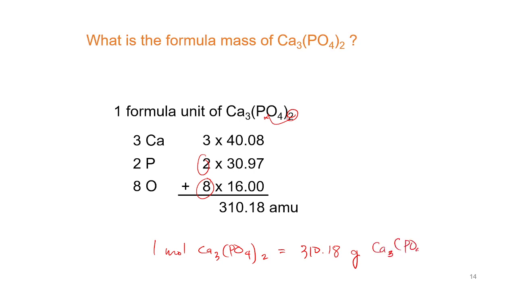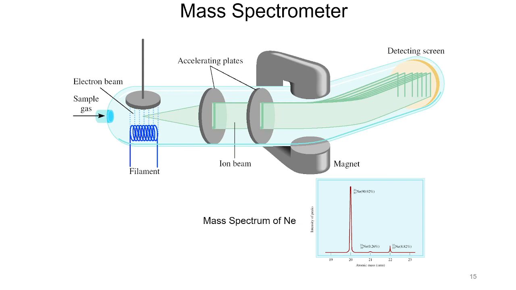Okay? So you might be wondering how scientists or chemists identify or measure the atomic mass units of each element or each molecule. So we actually have what we call a mass spectrometer, wherein using an electron beam and sample gases of your compound, you can actually get the weight of the gases.